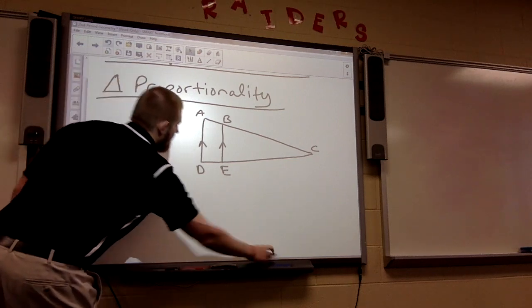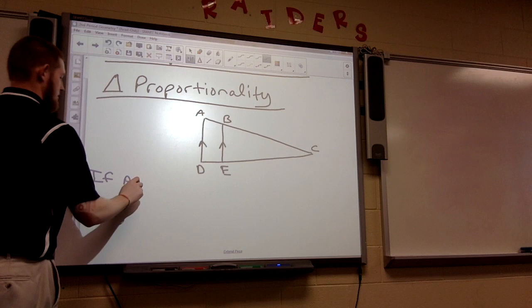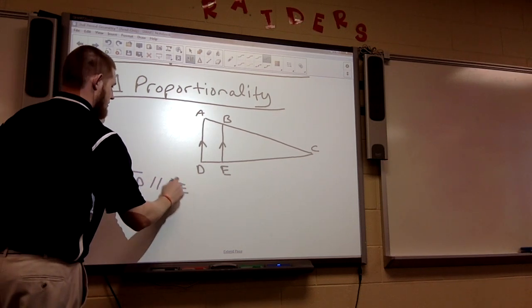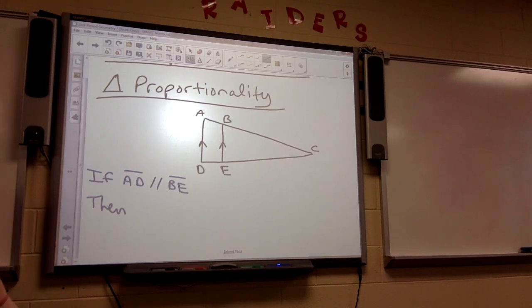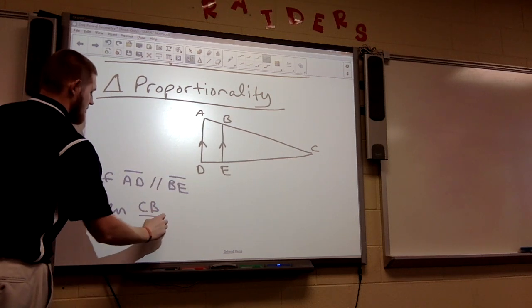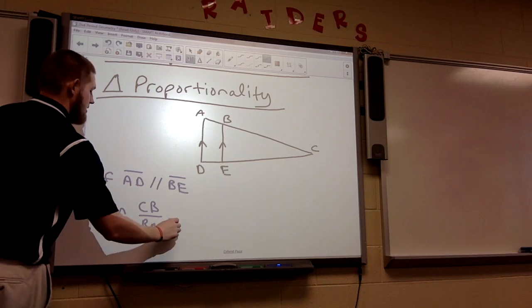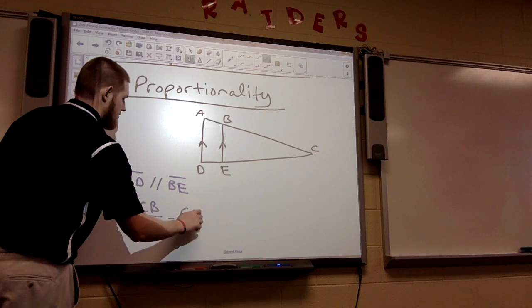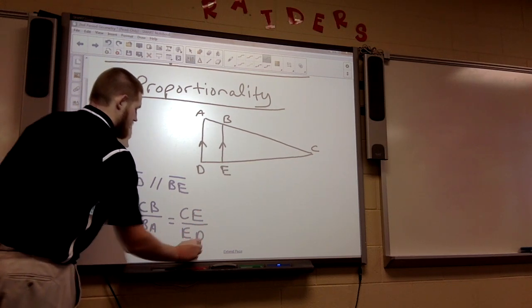Okay, so if AD is parallel to BE, then that means that CB over BA is equal to CE over ED.